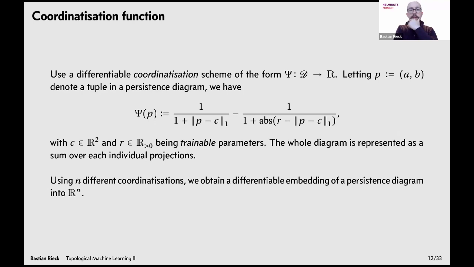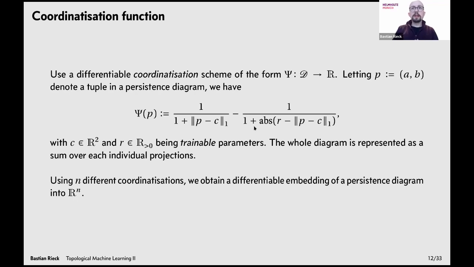It's a differential coordinatization scheme that is of the form psi going from a persistence diagram to the real numbers. And what it does is it projects things down based on the persistence of the point. So it takes a point P and it evaluates that expression here. So 1 divided by 1 plus the one norm of P minus C and so on.